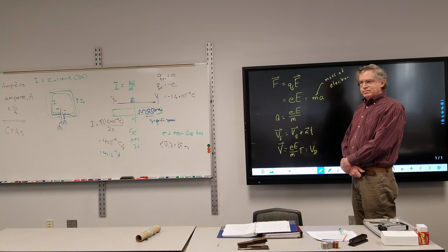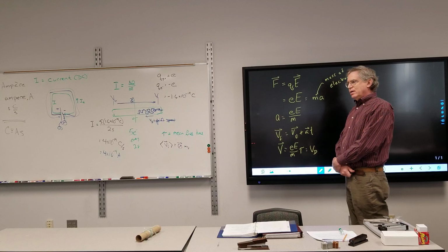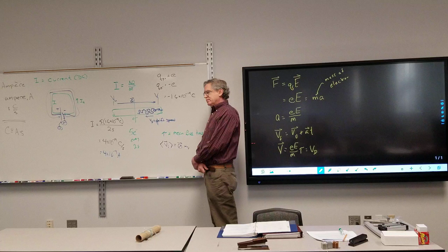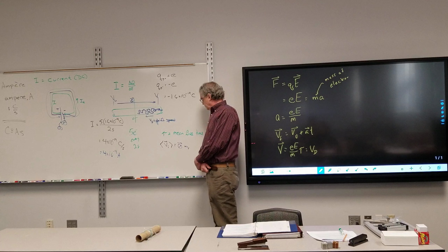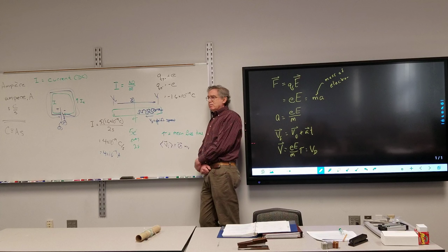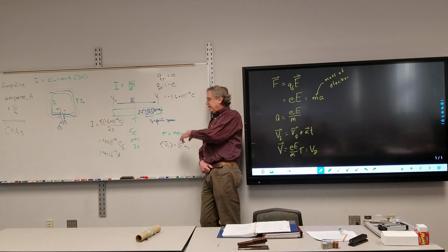Questions up to here? Yes? Is tau meaning mean free time only in this example you're giving us? Or are we ever going to encounter a scenario where tau means free time and torque at the same time? I know we use tau for torque.